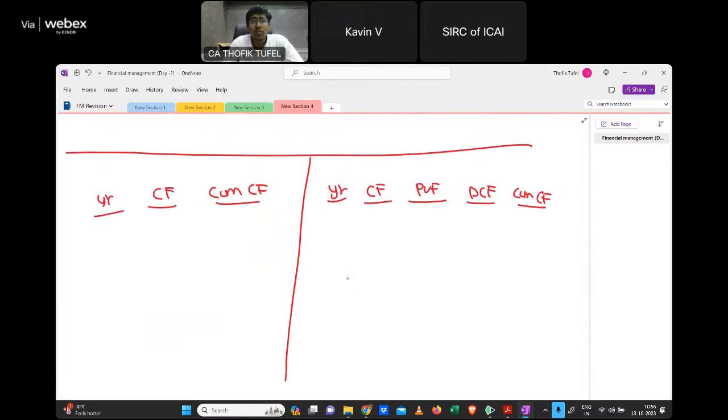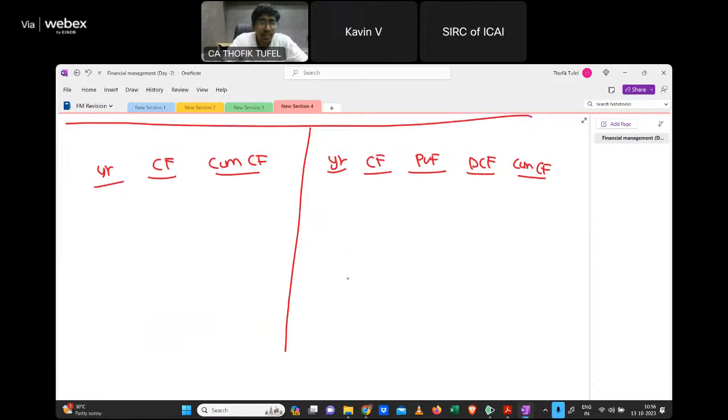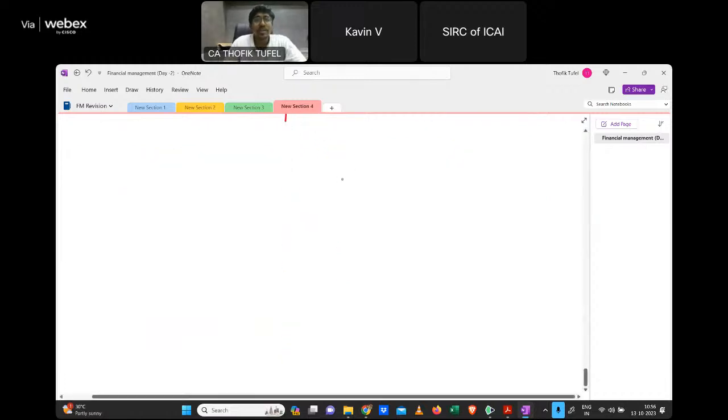So all these are outflows. Okay, all these are inflows. Sorry, inflows. Outflow you will have in year 0. Under year 0, you will have the outflow. Year 1, 2, 3, 4, whatever the amount you're receiving, that is an inflow. Under financial management, outflows are written in negative.